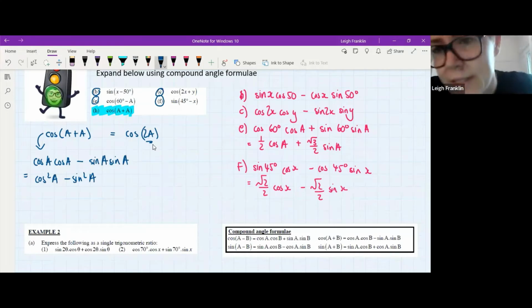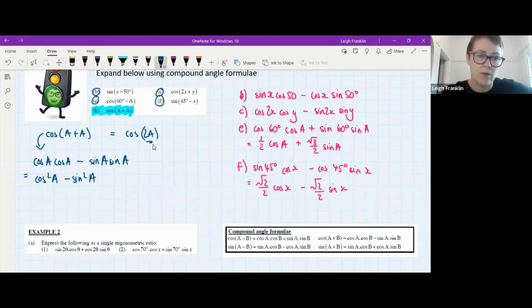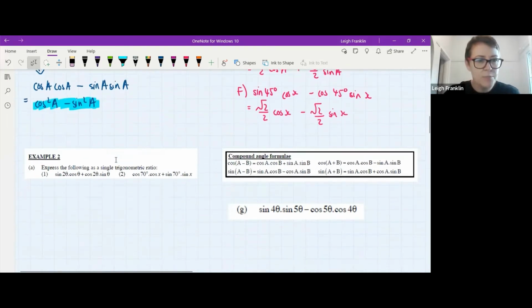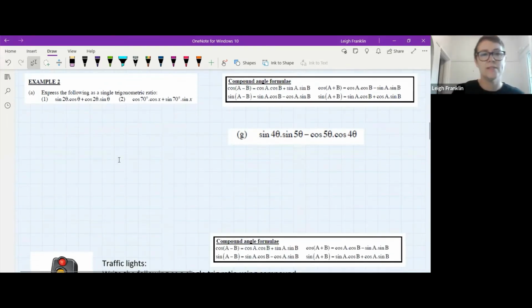We're not going to talk about it today, but when we get there, I'll explain where the other two come from if you want to know. Double angles come from compound angles. Okay, let's move on. Express the following as a single trigonometric ratio. Now what they want us to do is go back the other way, so we are doing the reversal of the expansion.